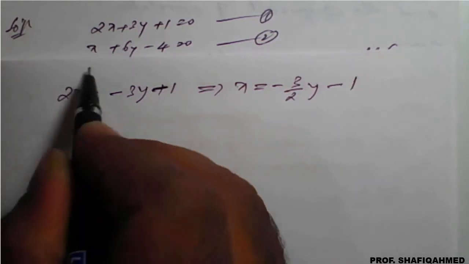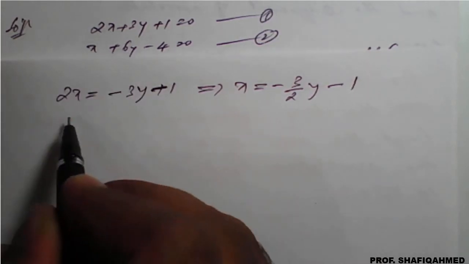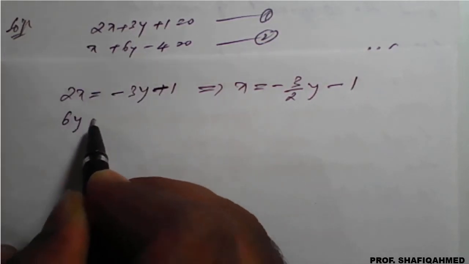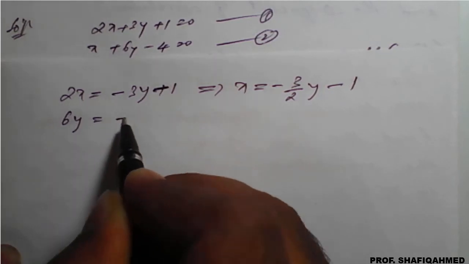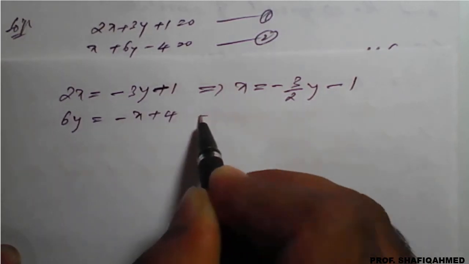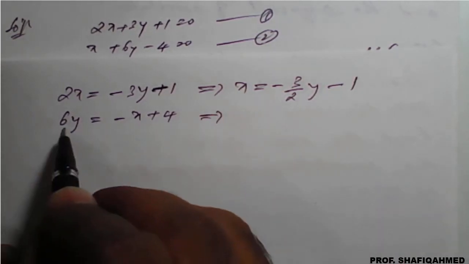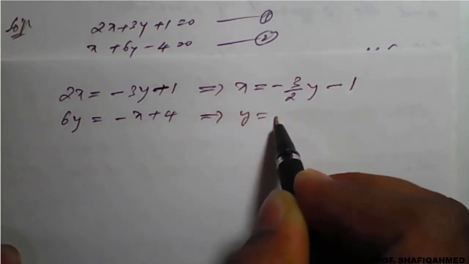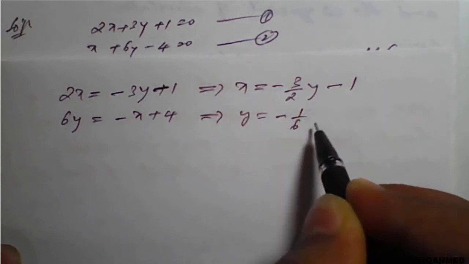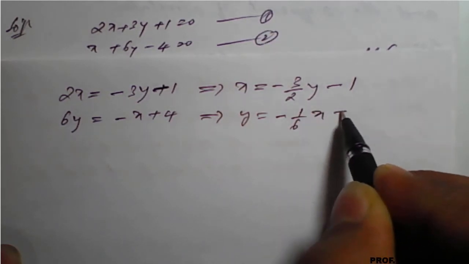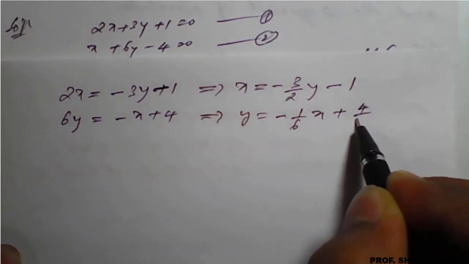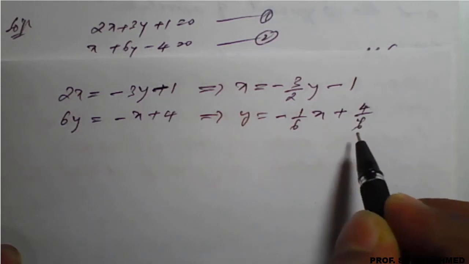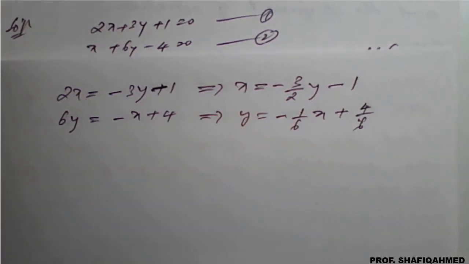And in the second equation we'll keep y outside, that is 6y is equal to minus x plus 4, which may be written as y is equal to minus 1 upon 6 into x plus 4 upon 6. So these are the two equations.